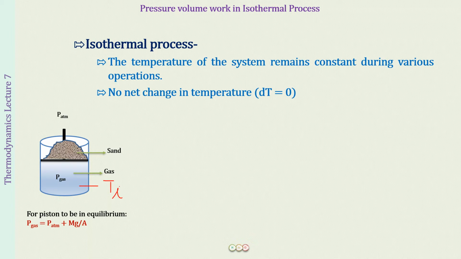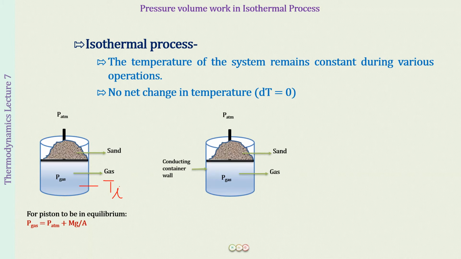How are we going to do that? First of all, understand that I have this vessel in such a way that the walls of this container are conducting. What this means is that heat energy can enter or leave the container very easily when the walls are conducting.